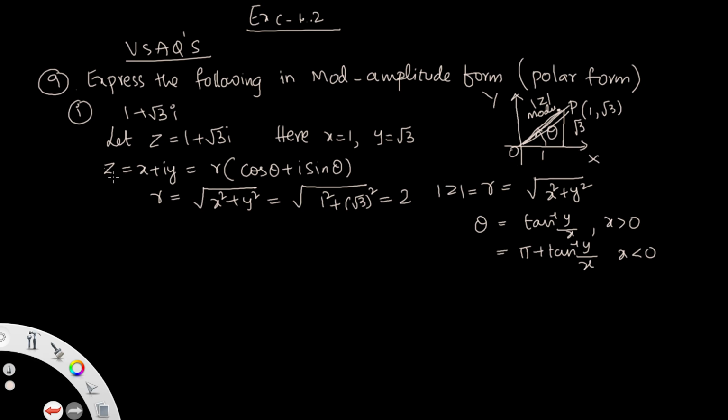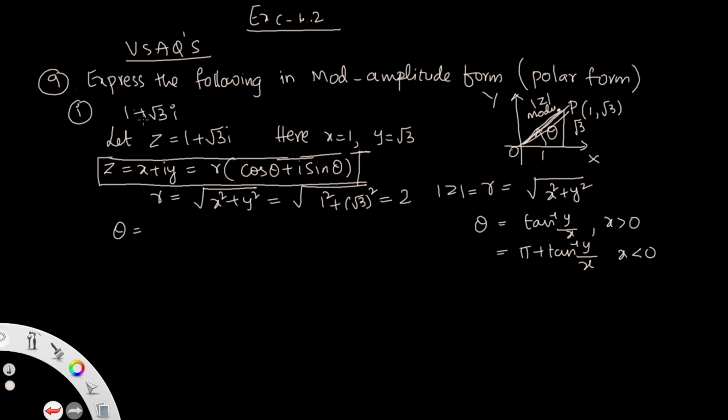So z equals x plus iy, in modulus amplitude form, is small r into cos theta plus i sin theta. First we found the modulus r, then we find theta, the amplitude, the angle made by the given point with the x-axis.